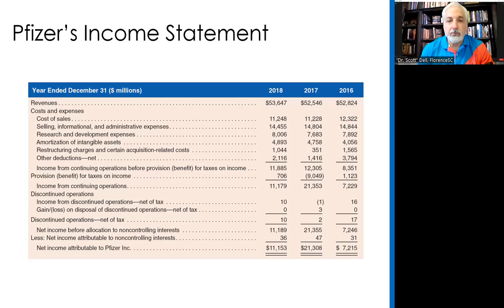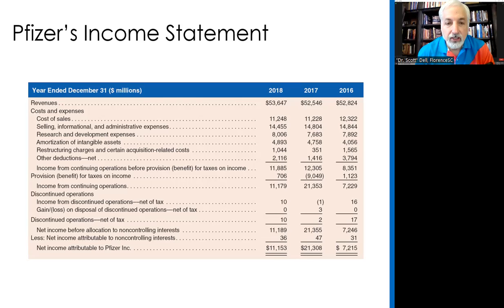You've seen the income statement before, cost of sales or cost of goods sold, selling, informational and administrative, instead of SG&A it's SI&A here. R&D expenses, we mentioned R&D always shows up as an expense. But you say, wait a minute, what if some of those buildings or assets I get can be used for other things? There's room for discussion. Most of the salaries, most of the research, that is expensed right away.